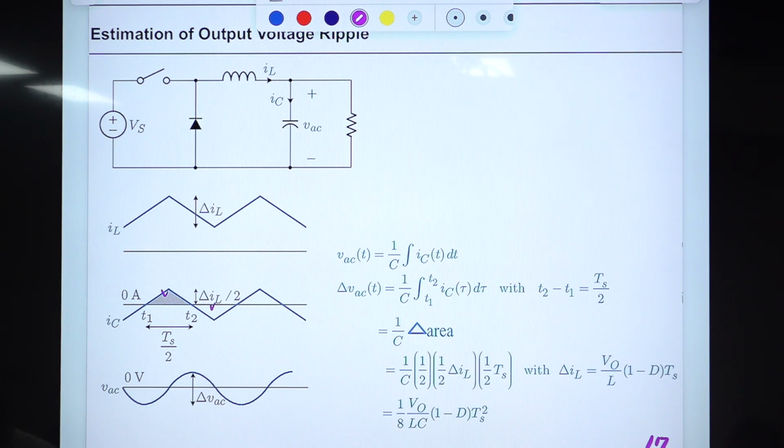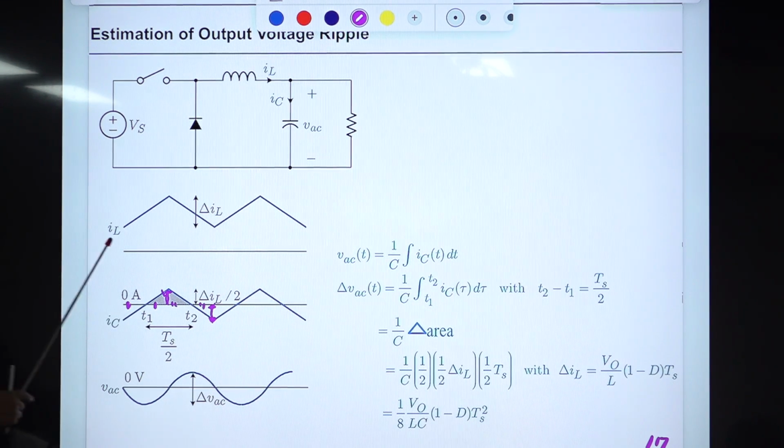and the area of this triangle is the same as the area of this. That means this small height is half of del IL, and the duration of this should be the same as this, and this one should be the same as this. Okay. Otherwise, we don't have zero as its average. Okay. To have perfect balance at zero, this should be satisfied.